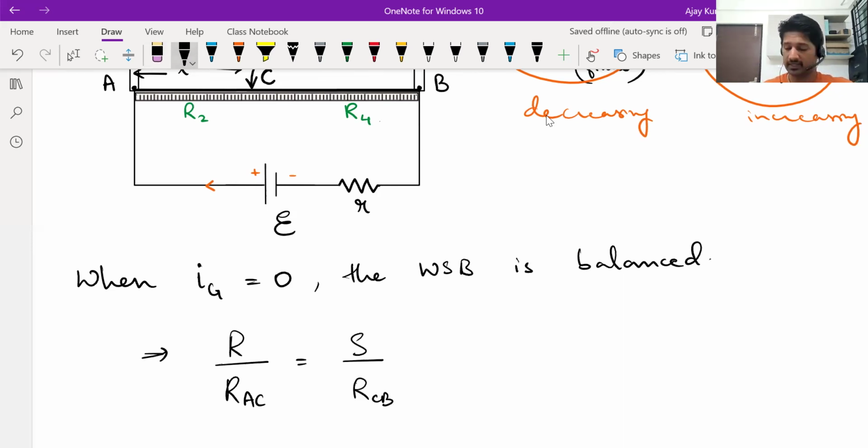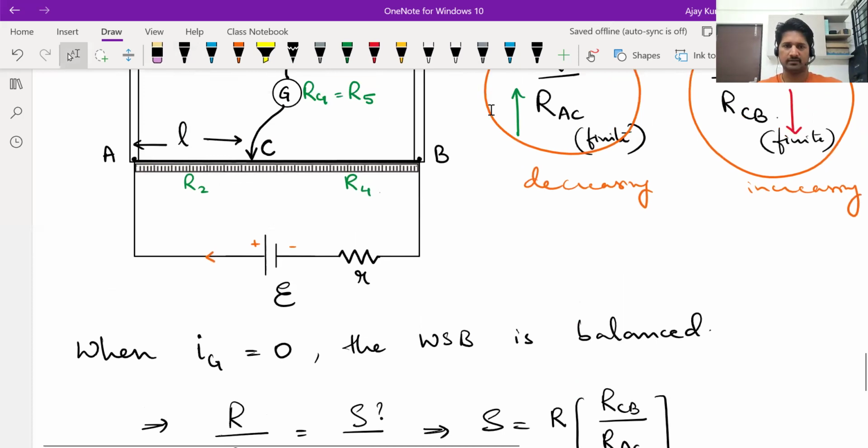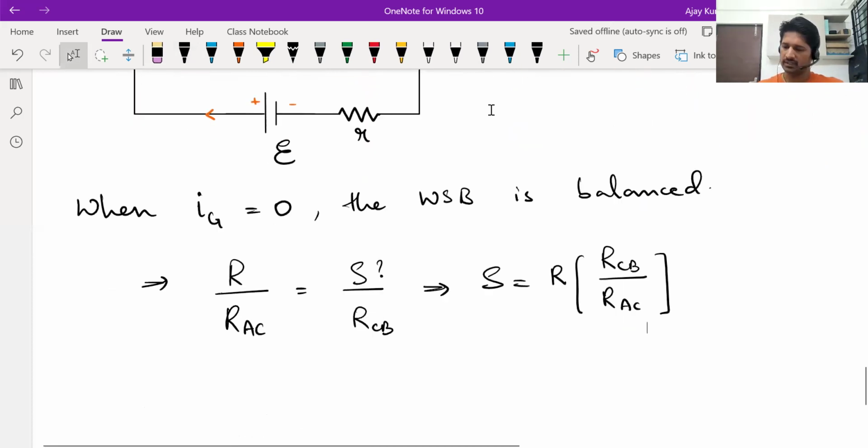And what was our aim? Our aim was to calculate the unknown resistance S. So you can calculate it this way. S is equal to the known resistance R multiplied with resistance between C and B divided by resistance between A and C. And if you remember, AC, CB are part of the same wire. So the ratio of those resistances will be the ratio of the lengths.